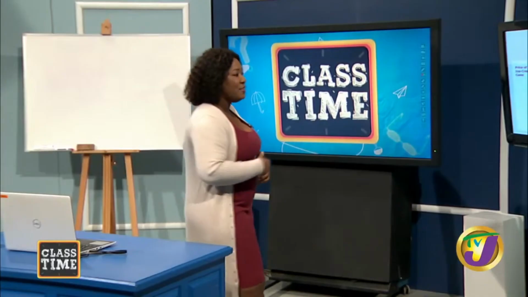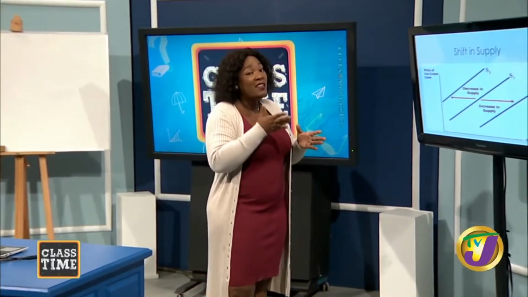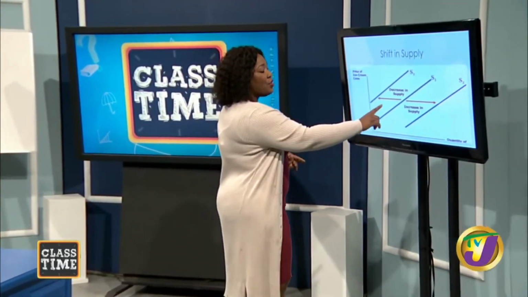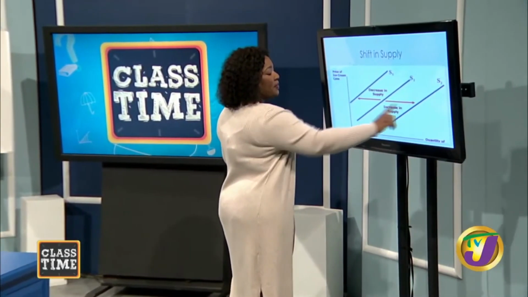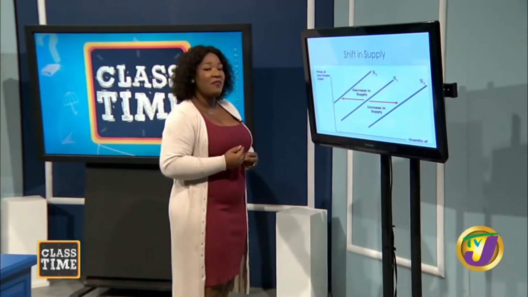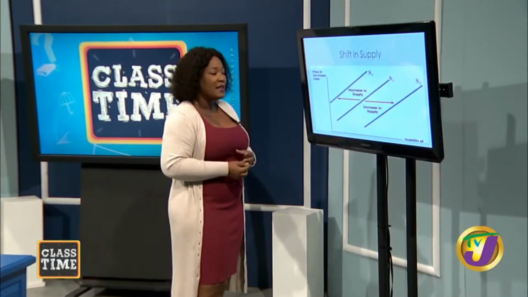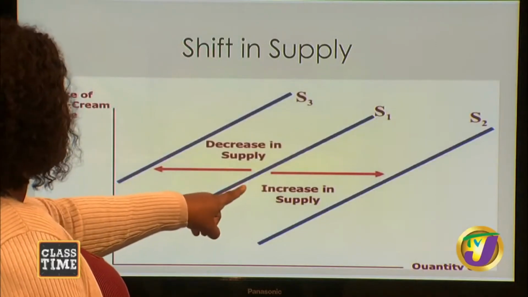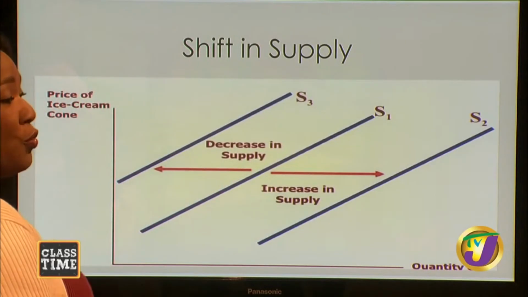If the determinants cause a change in the position of the curve, we will have the curve moving to the right. And if we have the determinants causing the supply to decrease right across the price points, we're going to have a shift to the left of the actual curve.